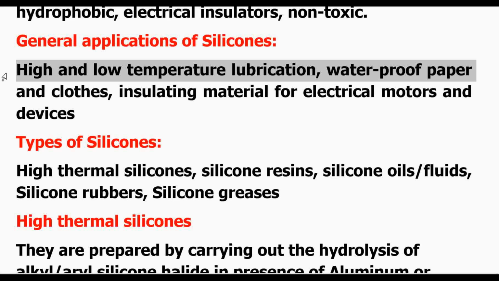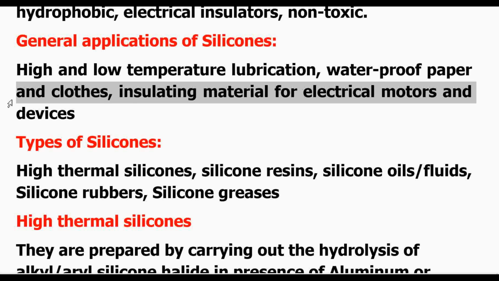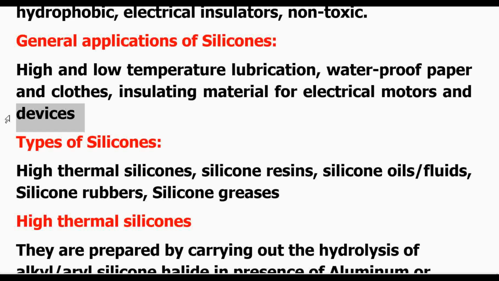Then I have mentioned that they are water repellent or hydrophobic. So silicones are used in making waterproof paper, waterproof clothes, and many other waterproof things. Silicones also find important application as insulating material for electrical motors and other electrical devices.